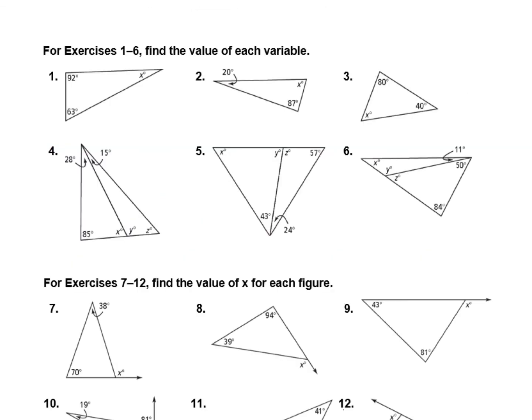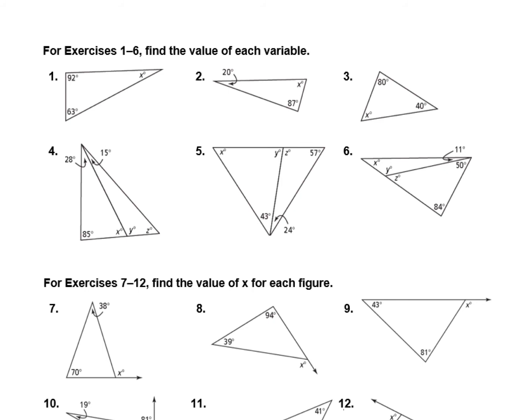Okay, so we're going to run through a bunch of examples here. They're all a little bit different, so we may be applying different theorems to each one, but we're going to find the value of each variable. In question number 1, here's our variable x. We can see it's an interior angle, and we're given the other 2 interior angles. Remember, all 3 angles inside a triangle will add up to 180.